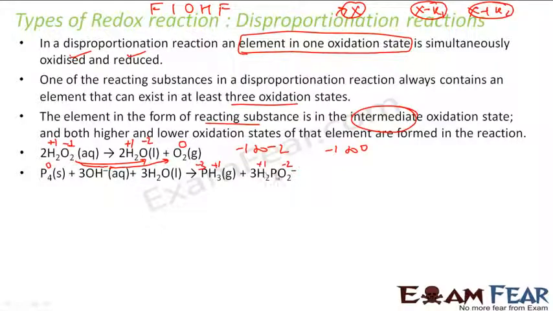So with this we get phosphorus as X: +2 plus X minus 4 is equal to -1, so you get X as +1.